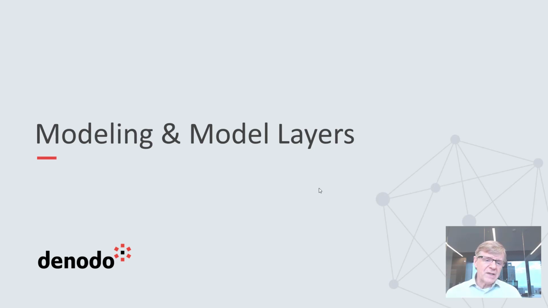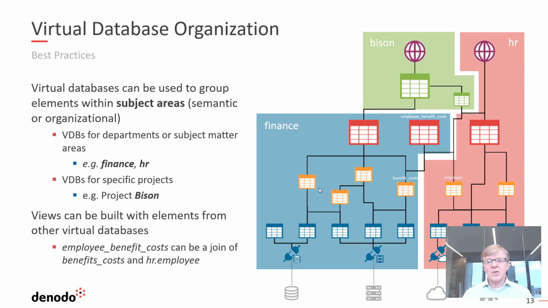Now we'll take that brief detour into the model and modeling layers. I talk about model because when you are using the data virtualization platform, you're connecting to underlying data sources and you're building base views on top of those, which represent the underlying data entities, the physical data entities. So you could argue the base views represent the physical data model, how the data is actually stored.